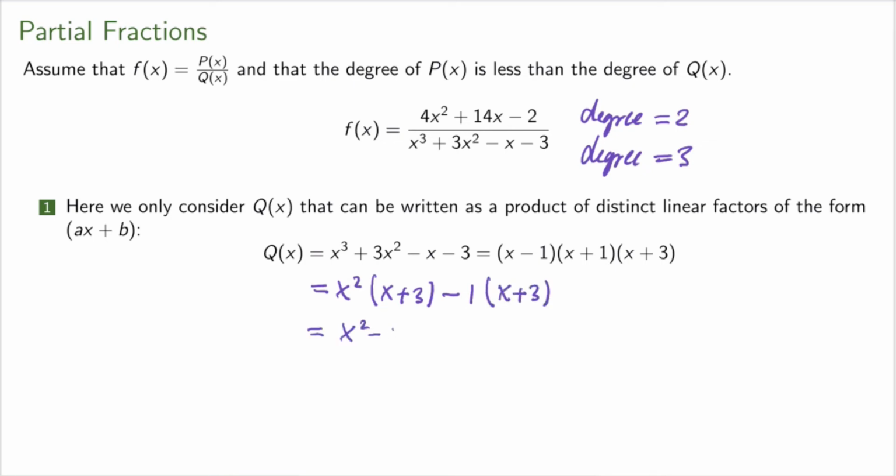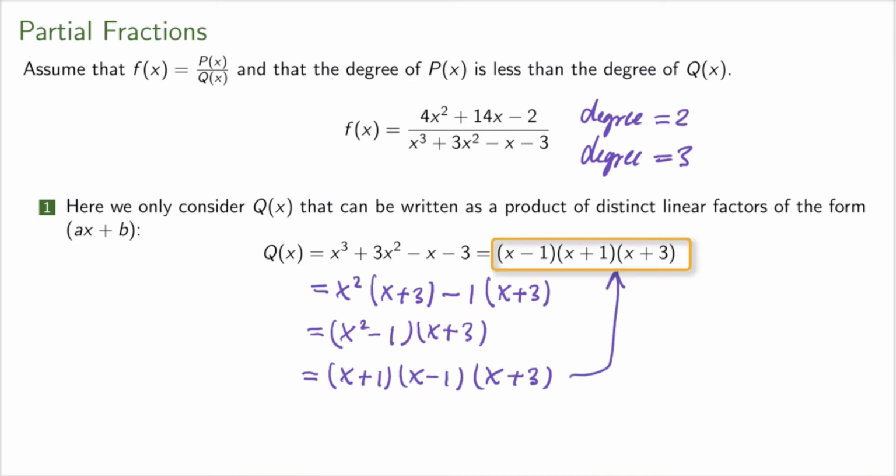This is x squared minus 1 times x plus 3, because x squared minus 1 I can also write as linear factors: x plus 1 times x minus 1 times x plus 3. Okay, and this is what I wrote here in a different order, but that doesn't matter. This is the factorization of the polynomial q into linear factors. So we call these the linear factors. And that's what we need for the partial fraction method.